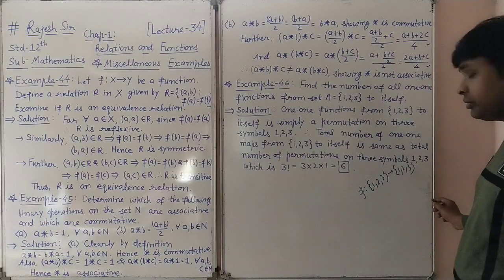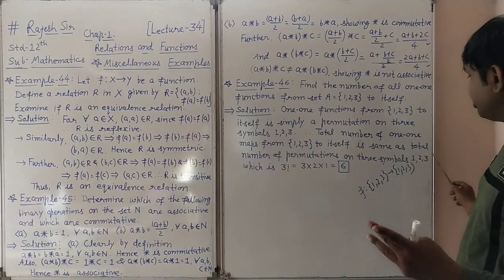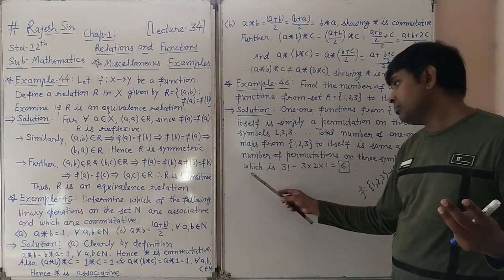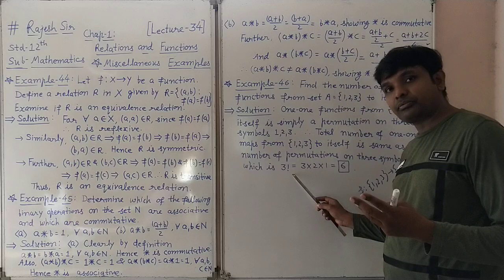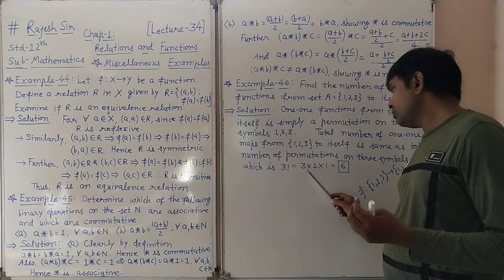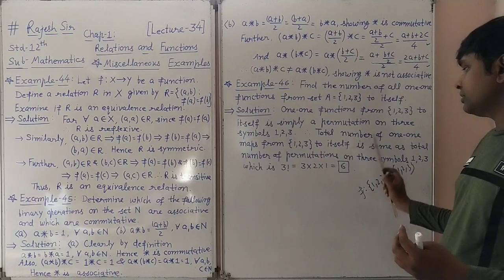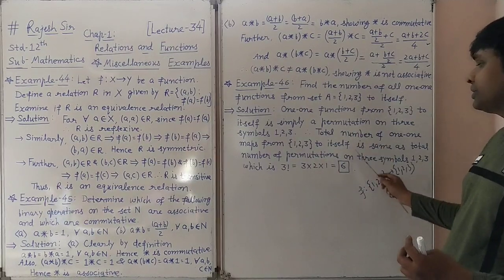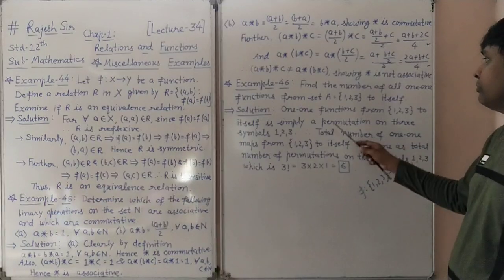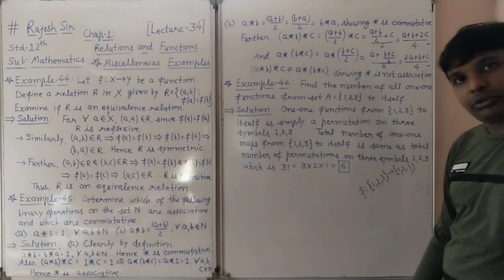How many symbols do we have? 3 symbols. So permutations on 3 symbols will be 3 factorial. 3 factorial means 3 into 2 into 1, and that means 6. So the total 1-1 functions will be 6 functions which you will find, which will be 1-1 on this set {1, 2, 3}.